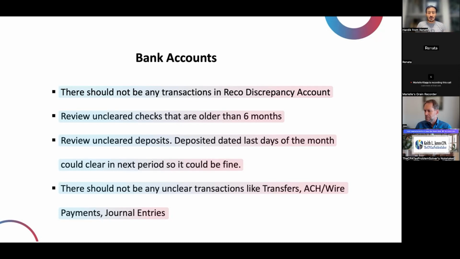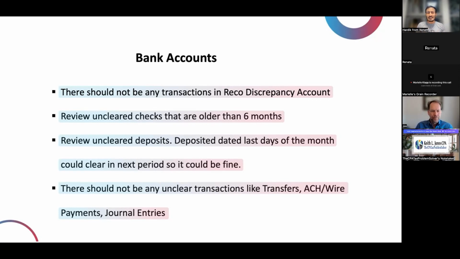With the bank accounts, we want to make sure there are no checks that have remained uncleared since long. We look for transfer entries, ACH entries, or any sort of payments that have not cleared from the bank account. We also keep an eye on transactions like journal entries.